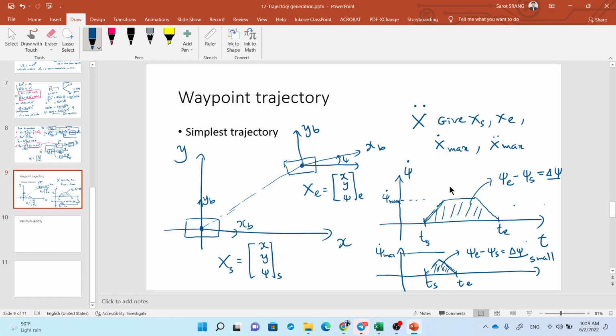Then you decelerate in order to stop smoothly. To stop smoothly, you need to decelerate. You cannot just say, oh, you are right there, immediately stop. Then it means deceleration is infinite, but we don't want that.